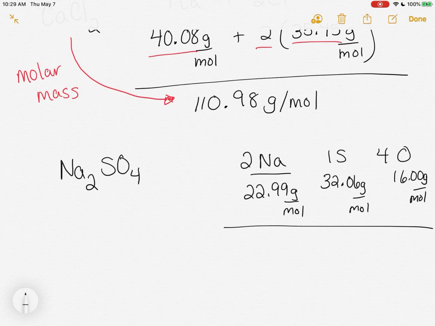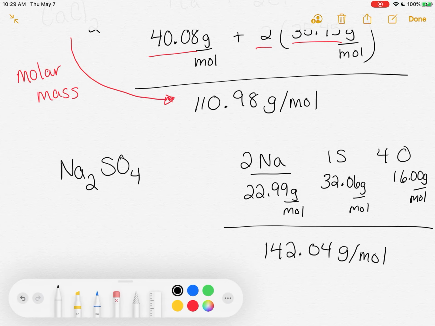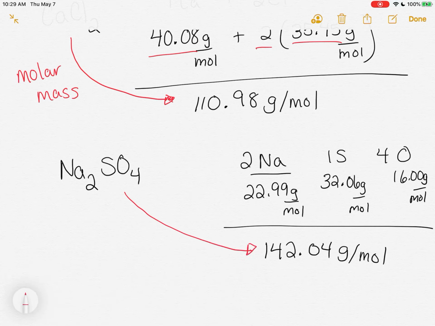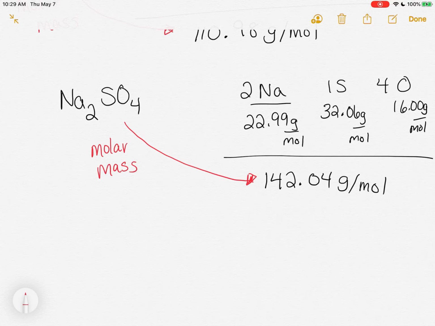But there need to be 2 of those sodiums, 1 of the sulfur, and 4 of the oxygens. That gives us a total of 142.04 grams per mole, and that's the molar mass for our sodium sulfate.